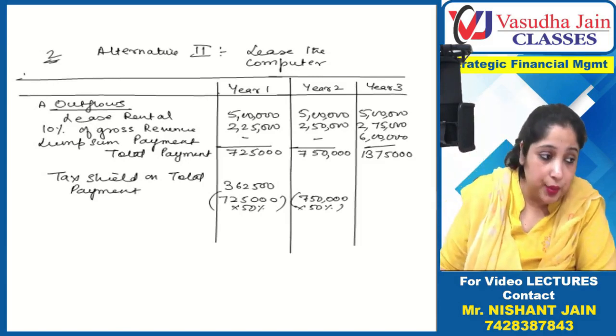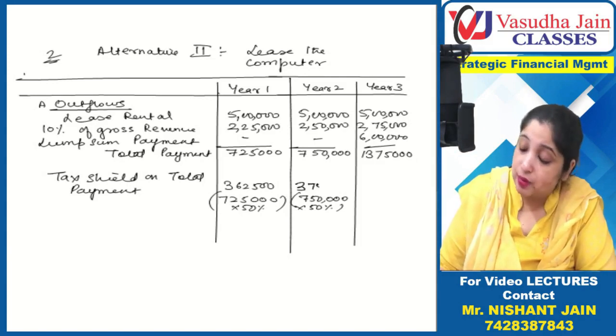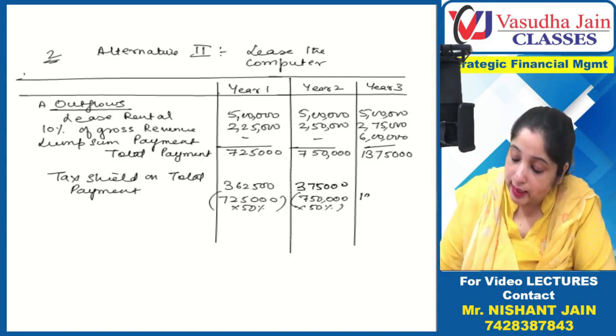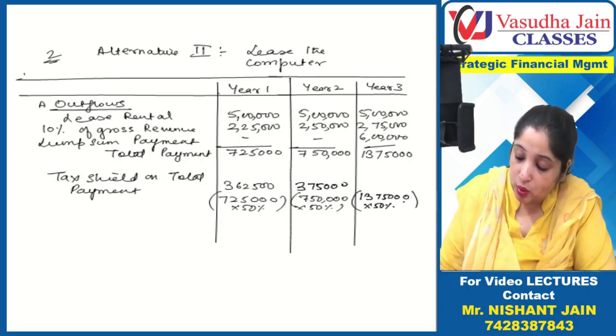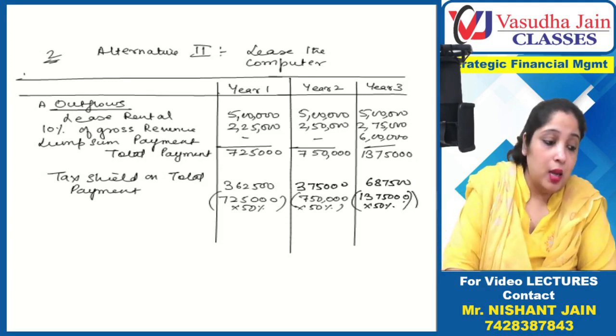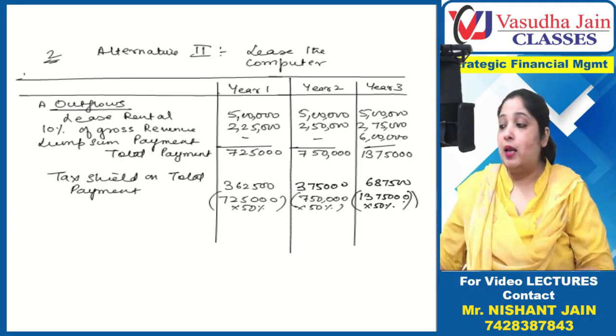This is coming out to be 3,75,000. Then 13,75,000 you will show in your P&L and you will be able to save tax of 6,87,500. Now, my dear student, this is the tax saving.